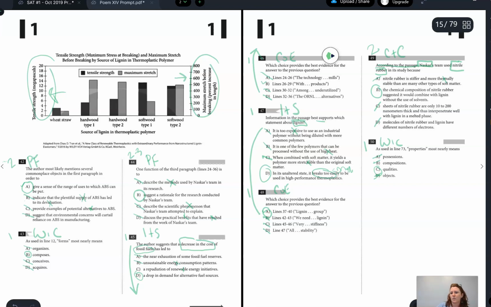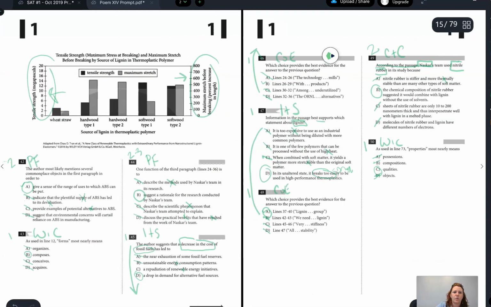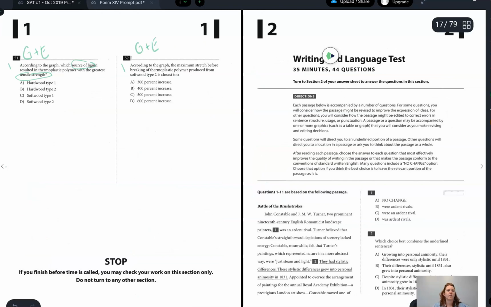So let's remind ourselves what we're looking for: a source of lignin, so that's which type of wood, that has the greatest tensile strength. Tensile strength is over here. So the highest black bar is softwood type 1. All right, so C is the correct answer.